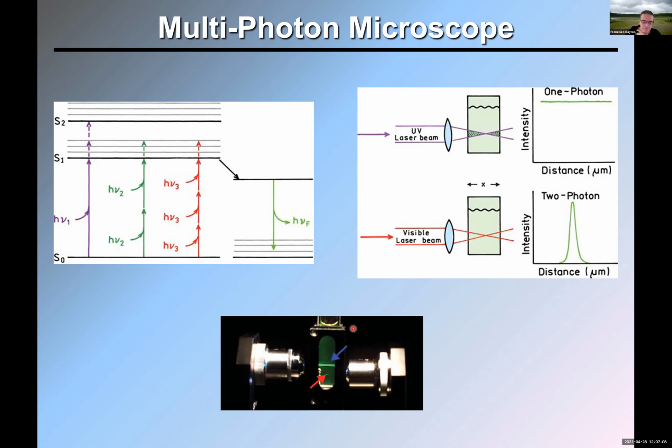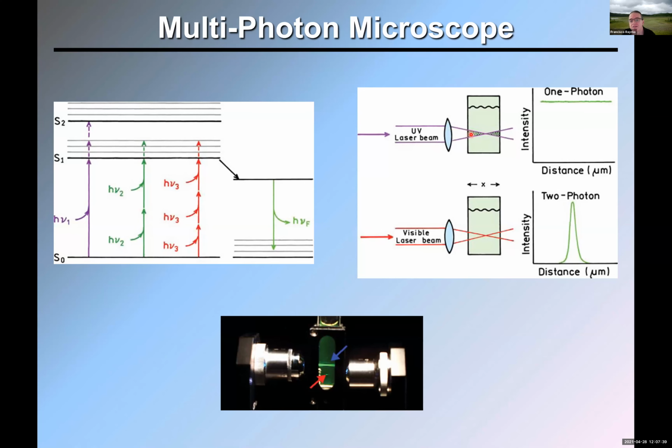And the same process is illustrated here. So up here, we have the objective lens that corresponds to 1 photon absorption, so this one. And down here it would be this one, okay? So in the 1 photon absorption, the focal plane of the lens would be here. So light is predominantly focused at this position, but there will be enough intensity in all this area to excite the molecules.